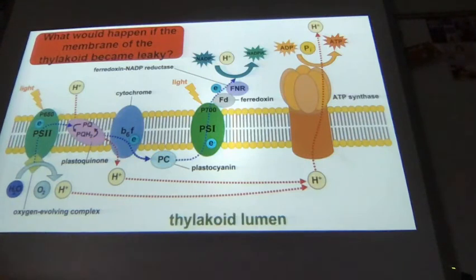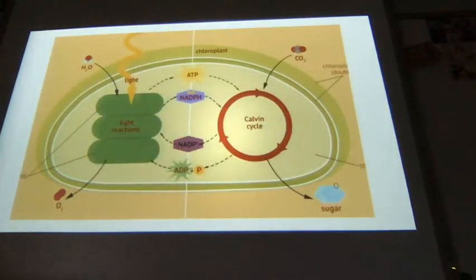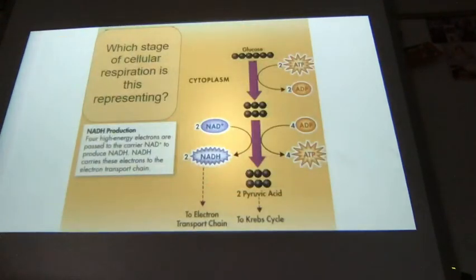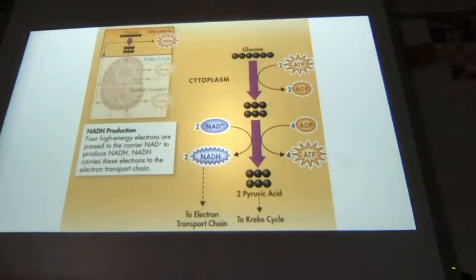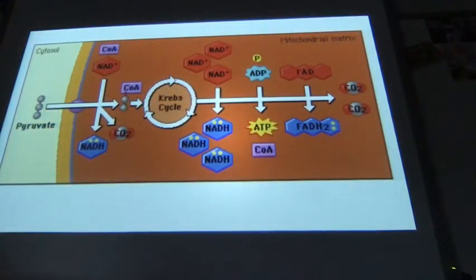Alrighty then, what's your photosynthesis? There's your Calvin cycle. What stage of cell respiration is this representing? This is glycolysis. All right. So here's your cell respiration in a little train. What if that is broken right there?